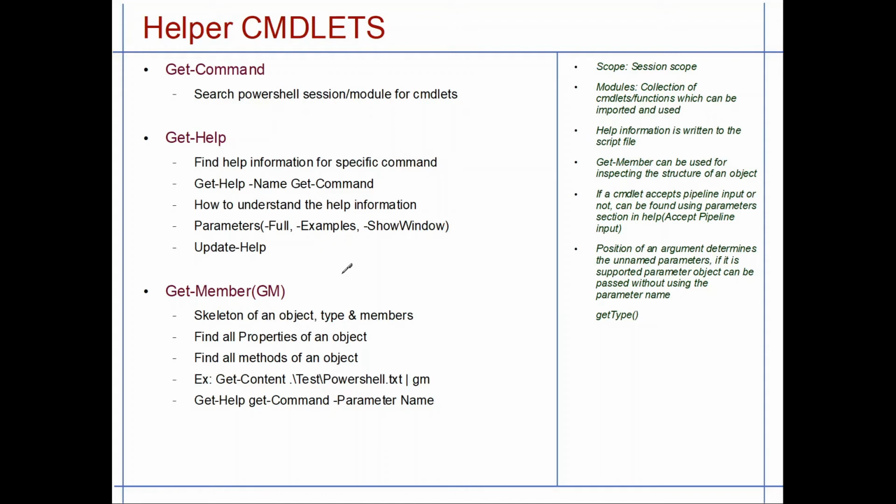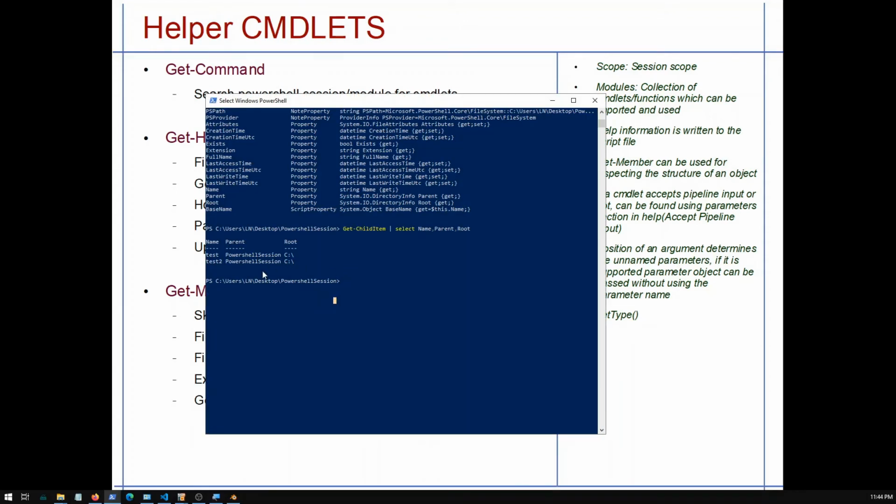Also, you can use GetType to get the type of an object. For that, I'm going to store the output of Get-ChildItem in variable $a, and I'm going to use GetType.